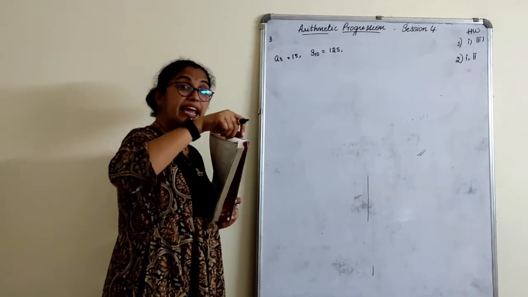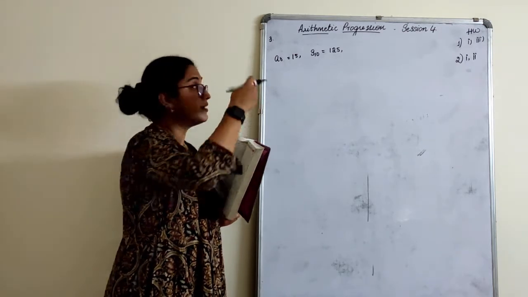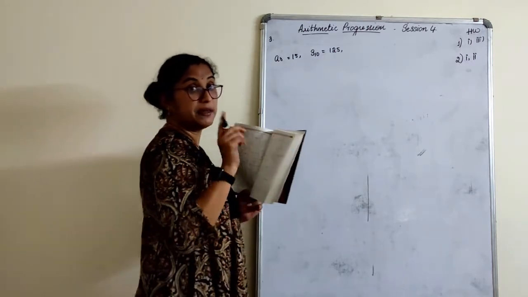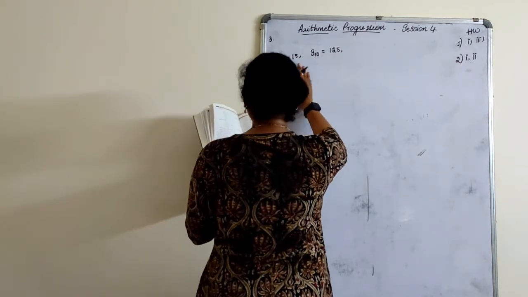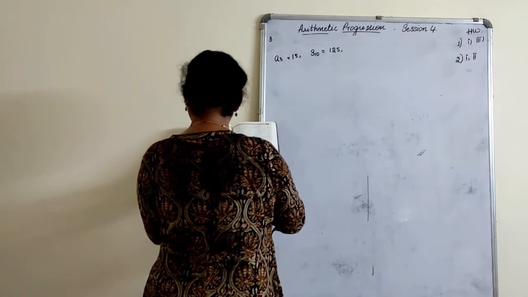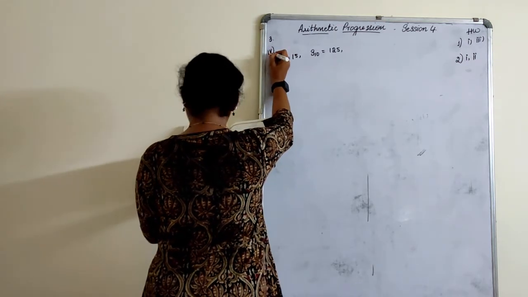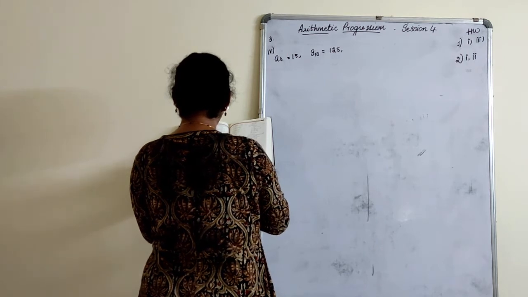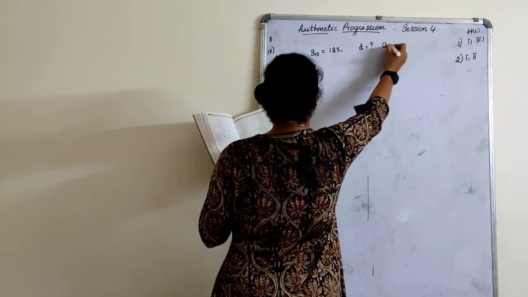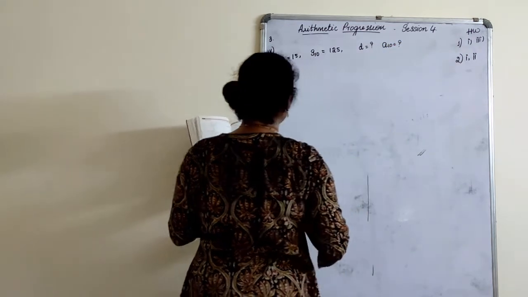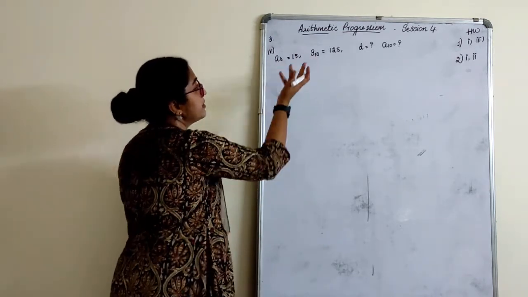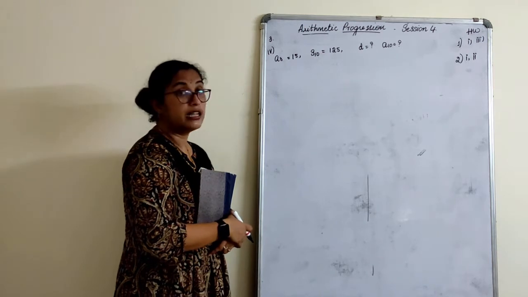Only when the nth term and Sn have the same n, that time An will become the last term. Fourth one: A3 is 15, S10 is 125. Find D and A10. Now A10 is the last term here, right? Nothing is known, n is different, the common difference is not known. Then how do we find?